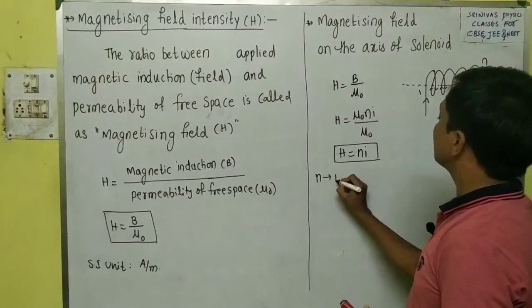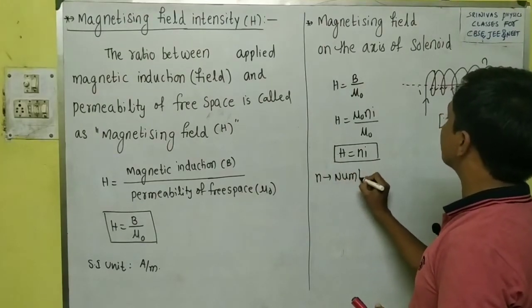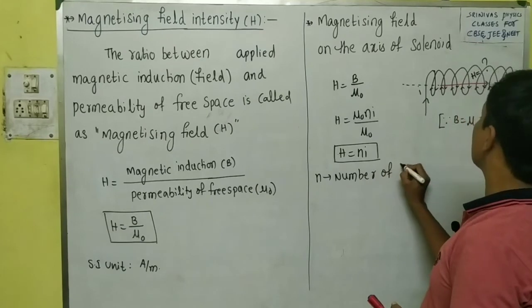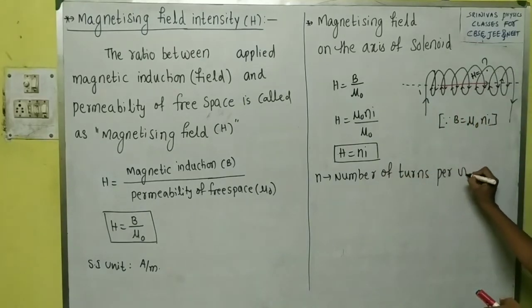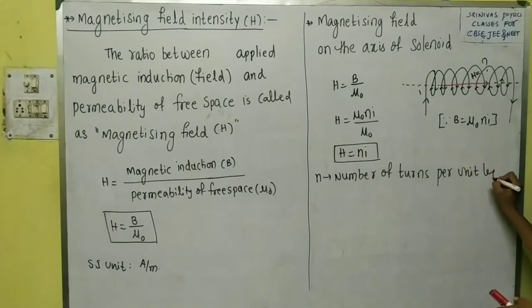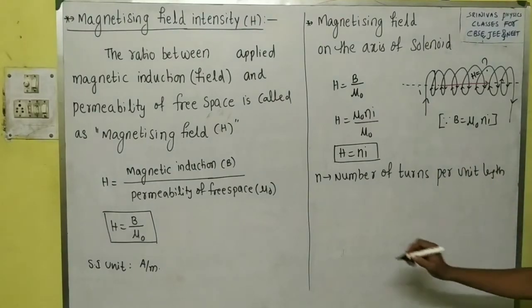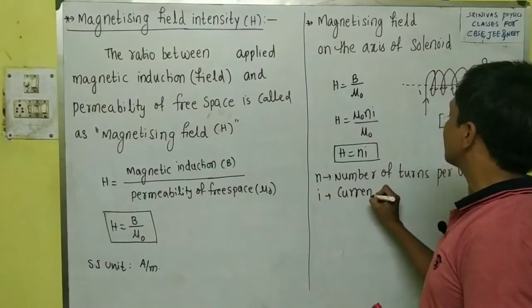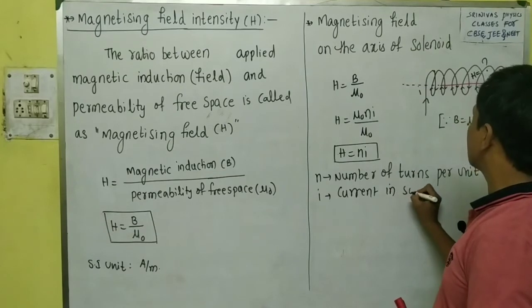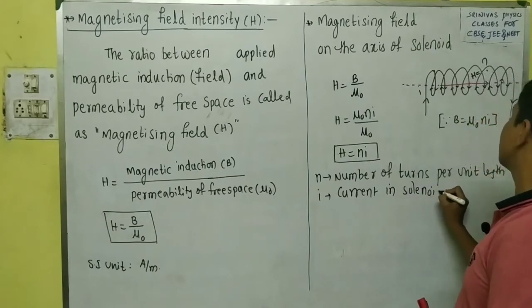N is the number of turns per unit length. What is I? The current in the solenoid.